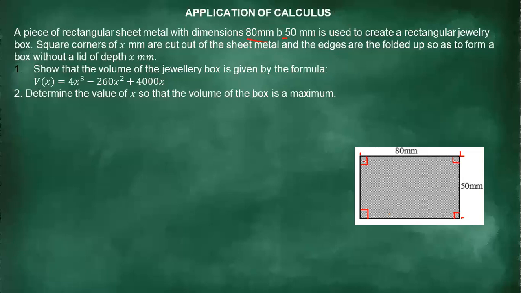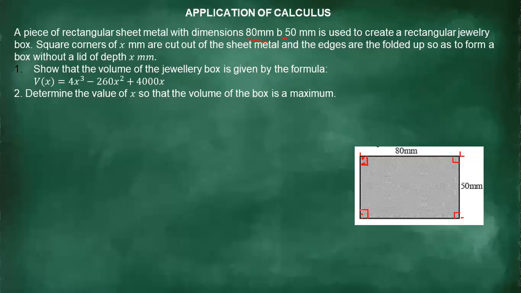Then after removing this piece of metal sheet, we are going to fold it up to form a box. Now they are saying the length from here up to there is x millimeters, as well as this side is x millimeters.